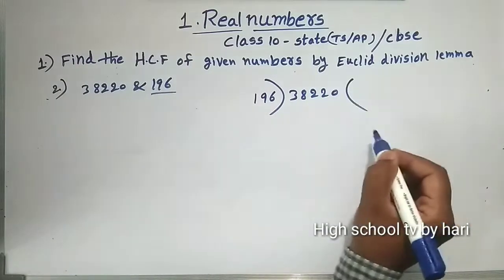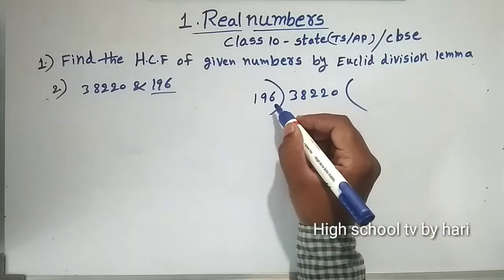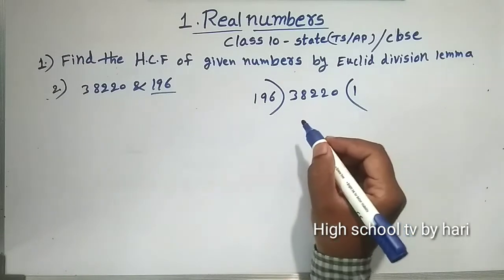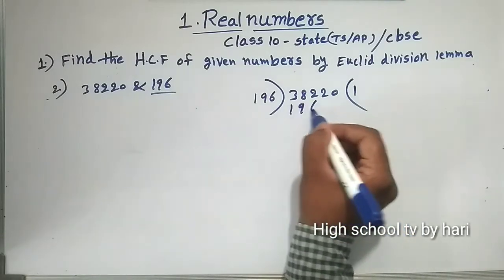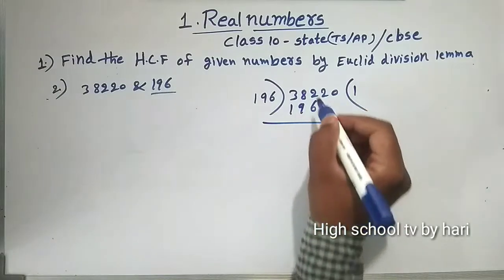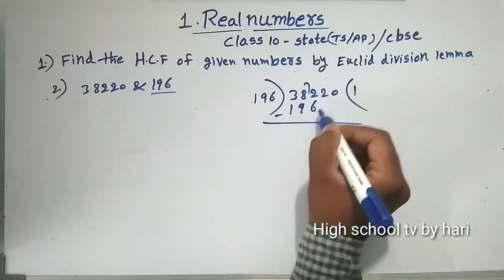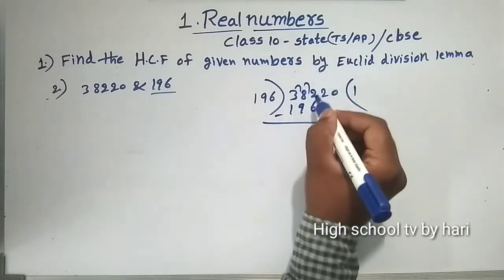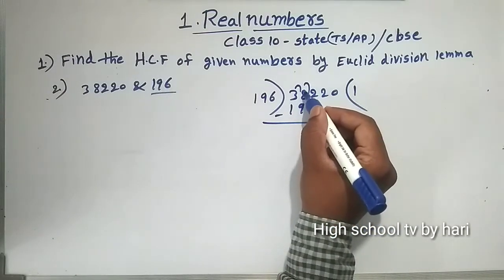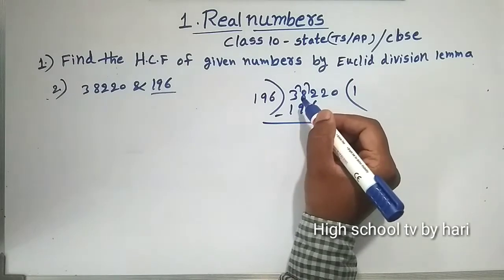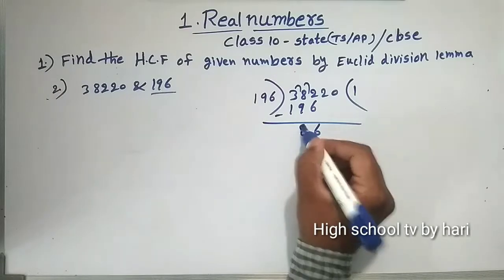38,220, now 196 ones, 196 only. If we take 196 twos, we get more than this. Now do the subtraction. 1 borrow, 12 minus 6 is 6. Here remaining 7, take one more borrow, 17 minus 9 is 8.